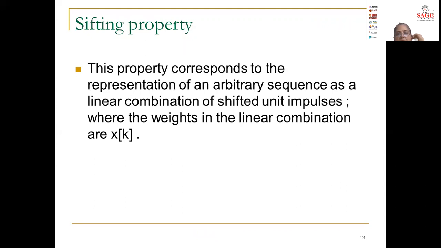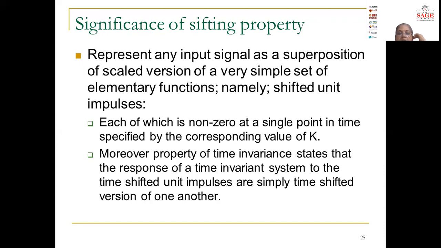Now this property corresponds to the representation of an arbitrary sequence as a linear combination of shifted unit impulses, where the weights in the linear combination are x[k]. What is the significance of this property? It is a scaled version of a very simple set of elementary functions, each of which is non-zero at a single point in time.